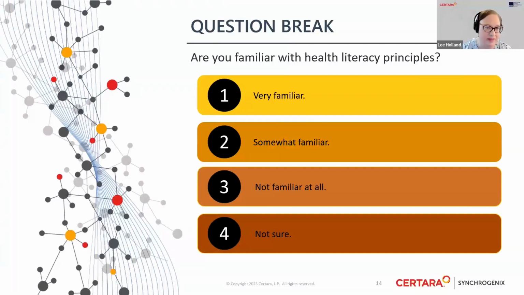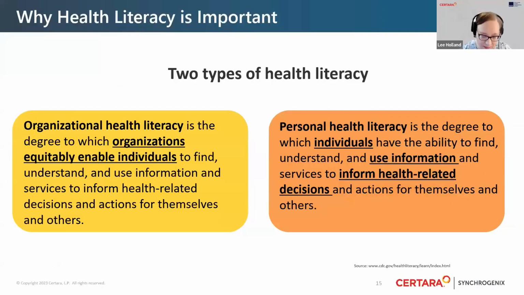And there's actually two main types of health literacy that we need to discuss. First is organizational health literacy. That's us. That's us in our professional life. We are part of organizations that are dealing with healthcare or health information or clinical research in some way.